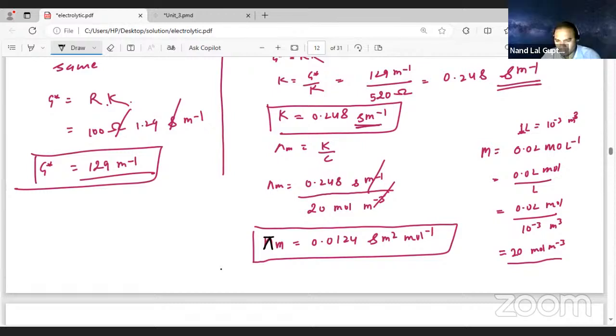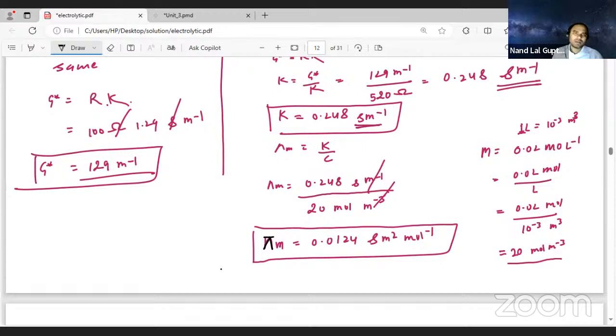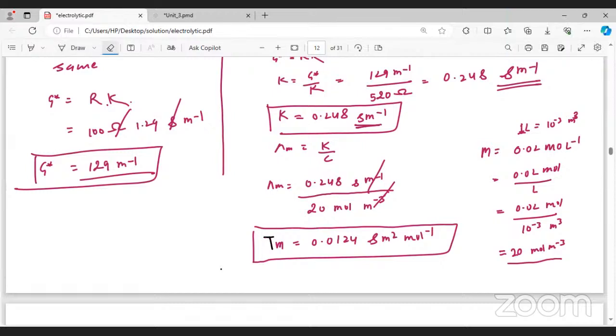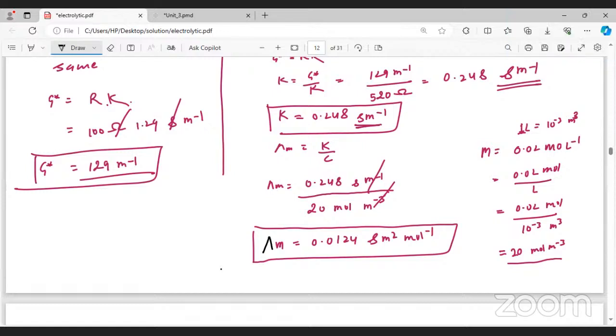Done. Sir, okay, sir. This one is lambda or what you have written? Lambda m. It is a looking pi, na? It is looking Yes, pi. sir. This is lambda. Molar conductivity. Can Done, you sir. read it?